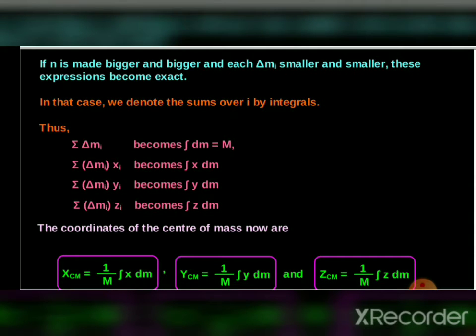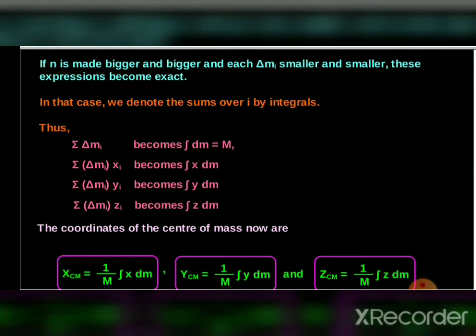As n is made bigger and bigger, and hence delta m is smaller and smaller, this expression becomes exact. The summation of delta mi becomes the integration of dm, which is M, the summation of delta mi xi becomes the integration of x dm, and the summation of delta mi yi becomes the integration of y dm.